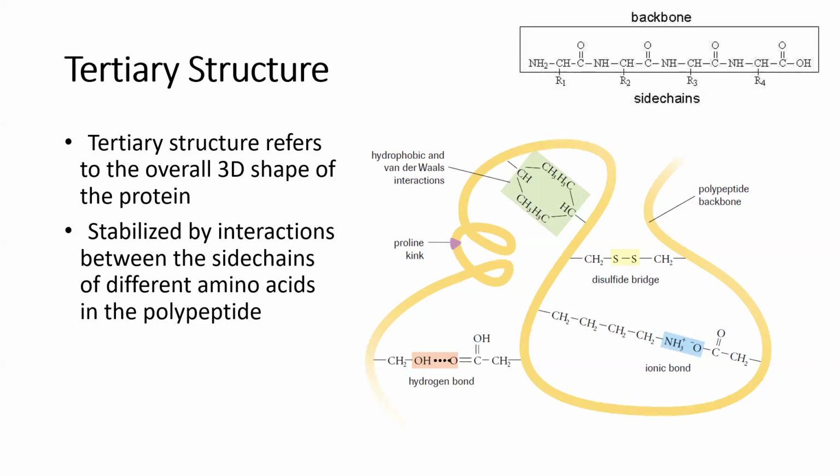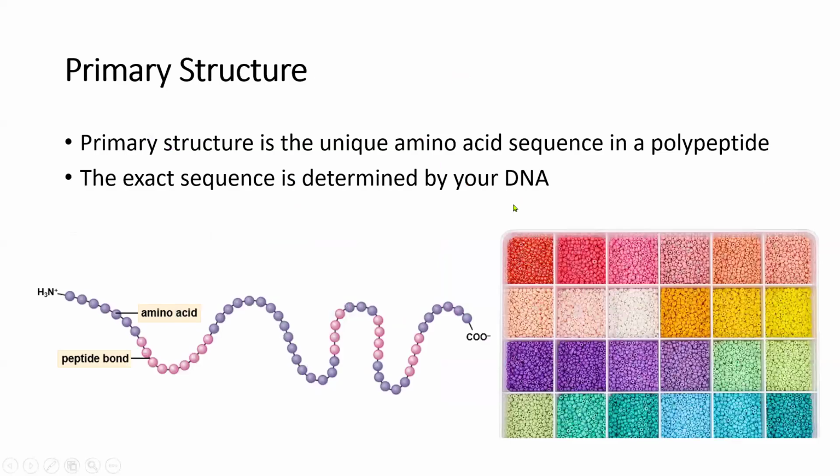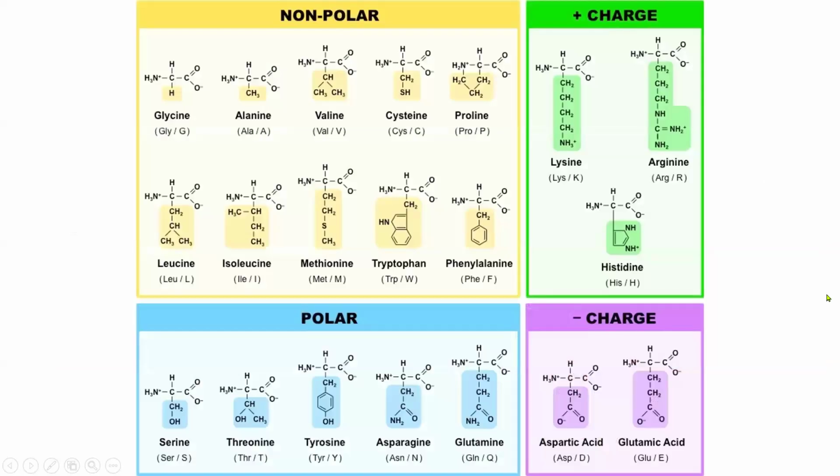This is stabilized by the interaction of your side chains. Let me go back to an earlier slide to show you. Remember, each amino acid has a different side chain. Some are positive, some are negative. So if the positive and negative get close enough, then they can form an interaction to glue them together.